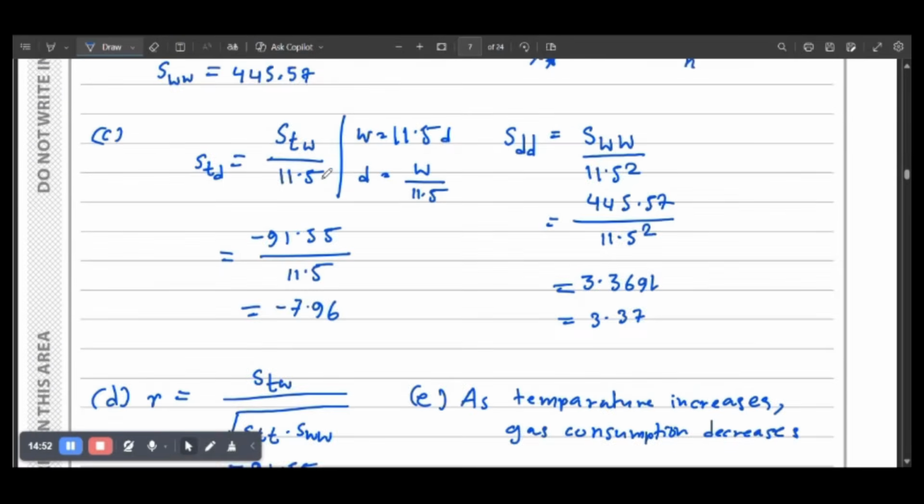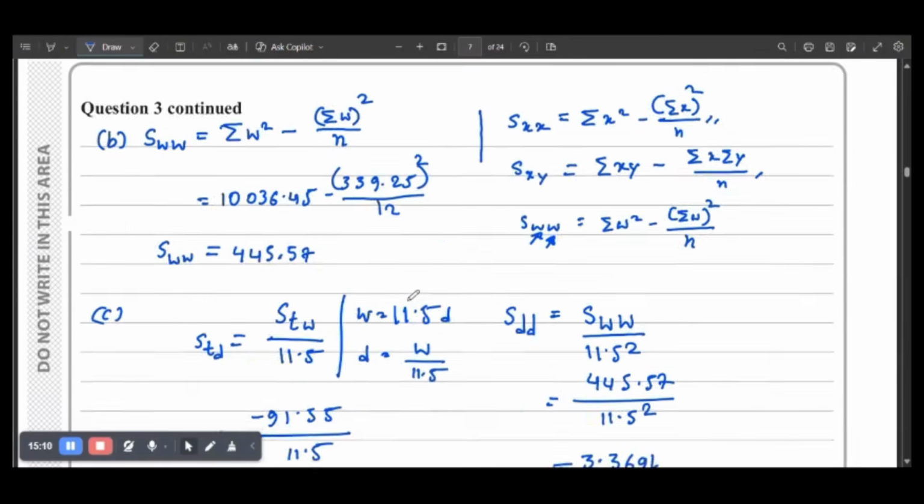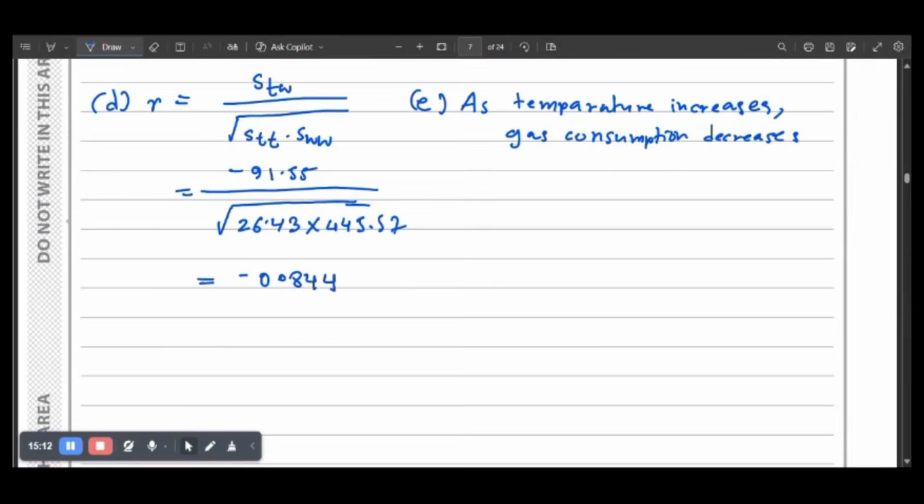Now if we see part F, we have to find the equation of the regression line of W on T. From here we can see that T is the independent variable. So to find the equation of the line, we have to find the gradient of the line.